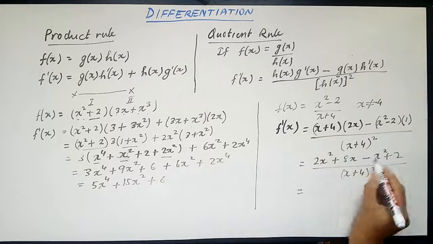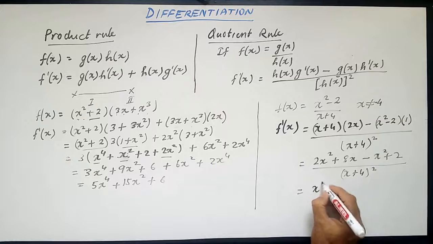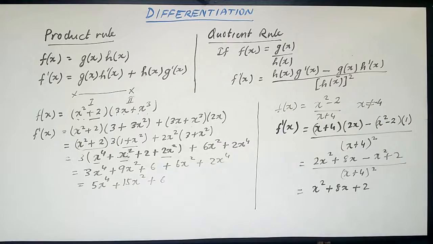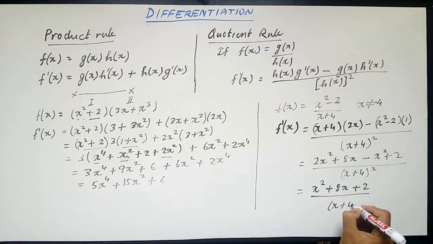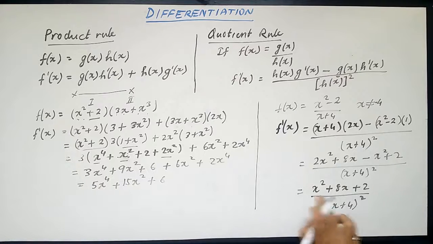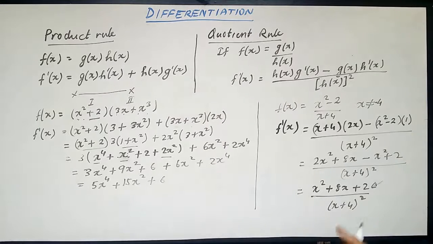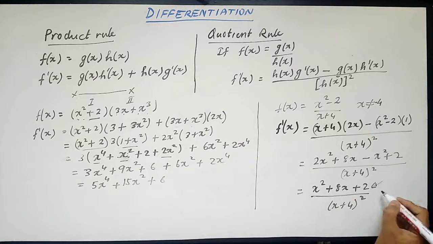So we get 2x squared minus x squared, which is x squared, plus 8x plus 2, upon (x plus 4) squared. If it is possible to factorize this expression to simplify it, we do so; otherwise we leave the expression as it is. So this is how you solve problems on the product rule and quotient rule.